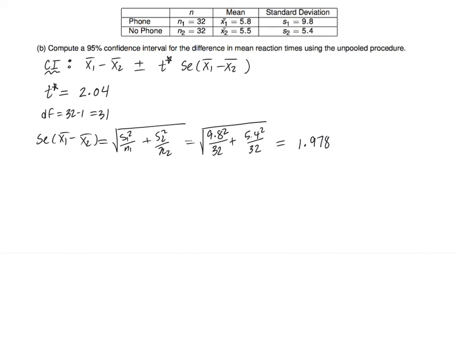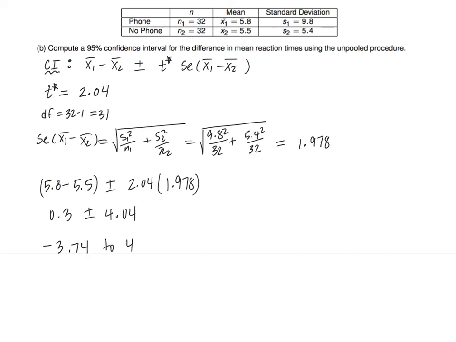Okay, so now plug everything in. We have 5.8 minus 5.5 plus or minus our 2.04 multiplier multiplied by 1.978. So that's 0.3 plus or minus 4.04, or negative 3.74 to 4.34.